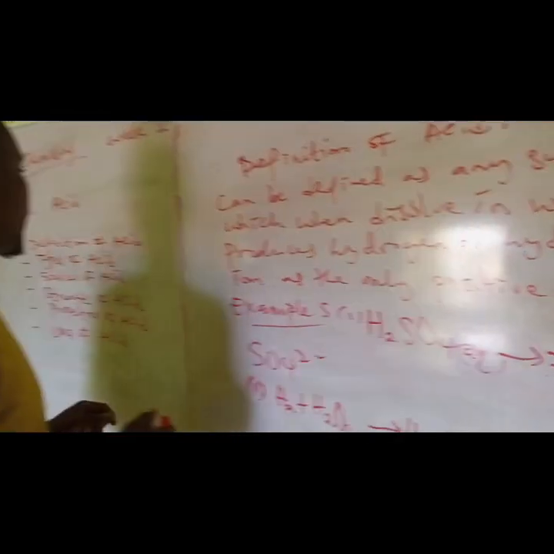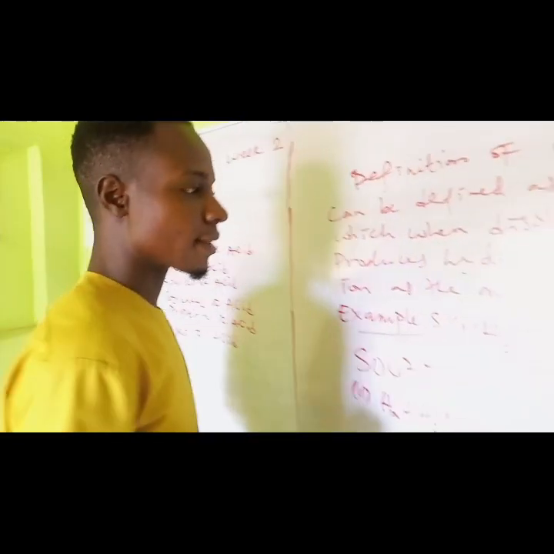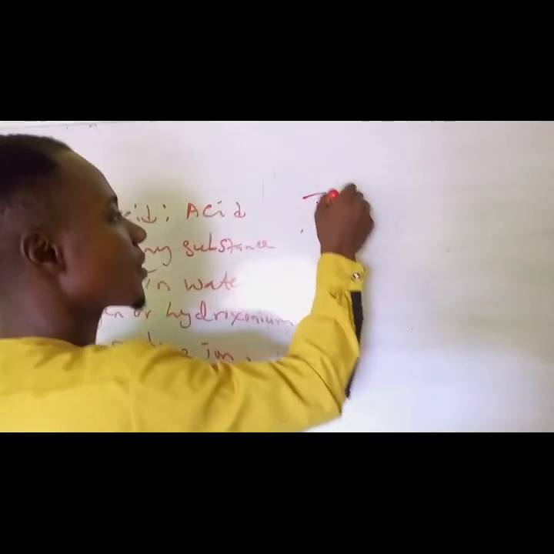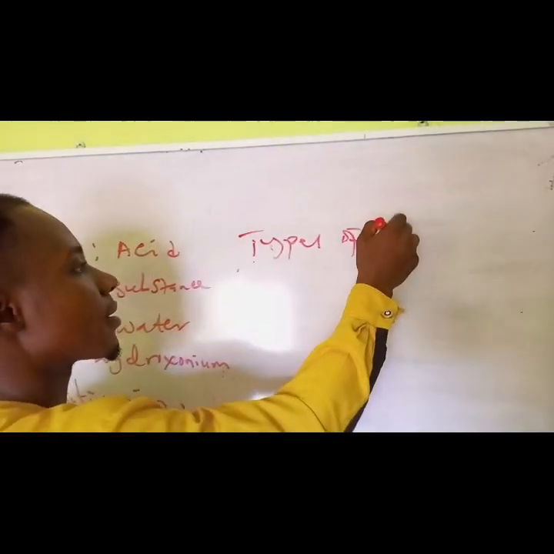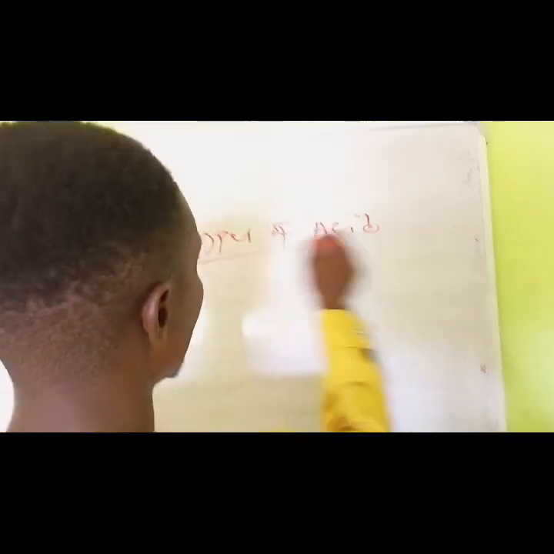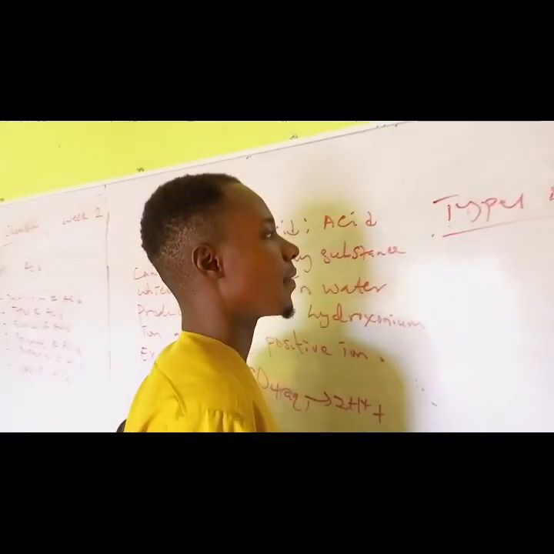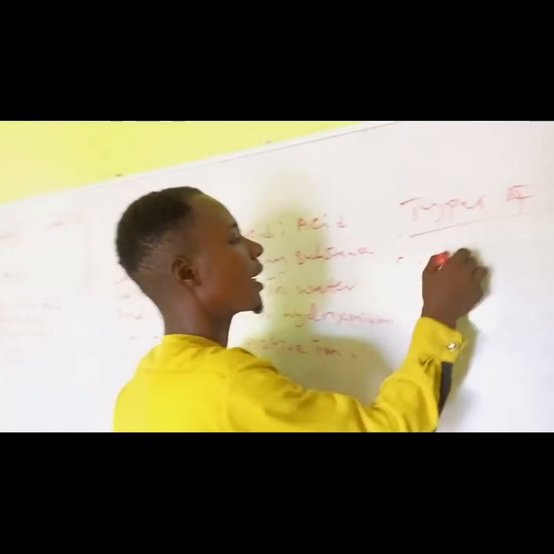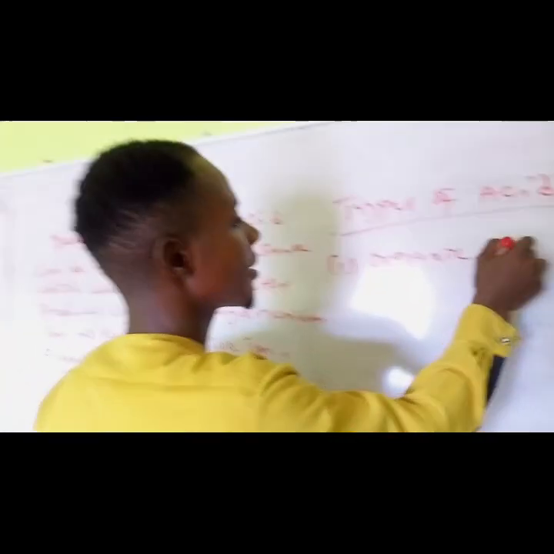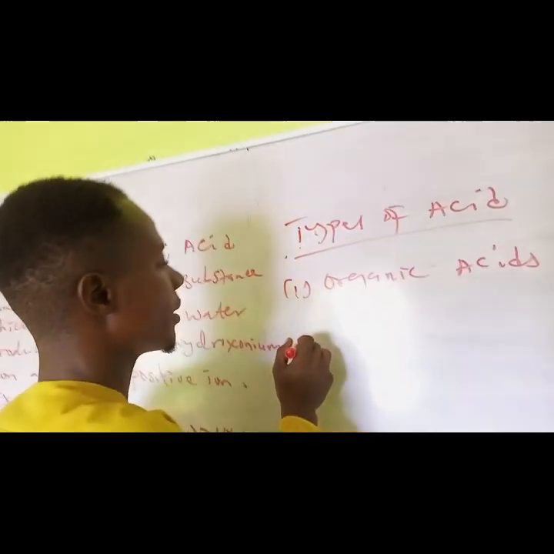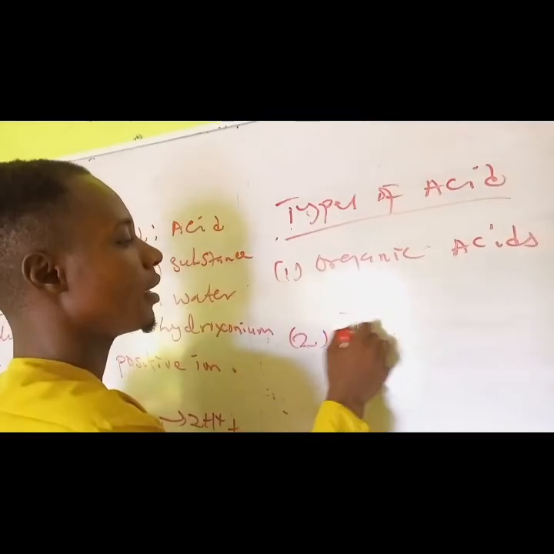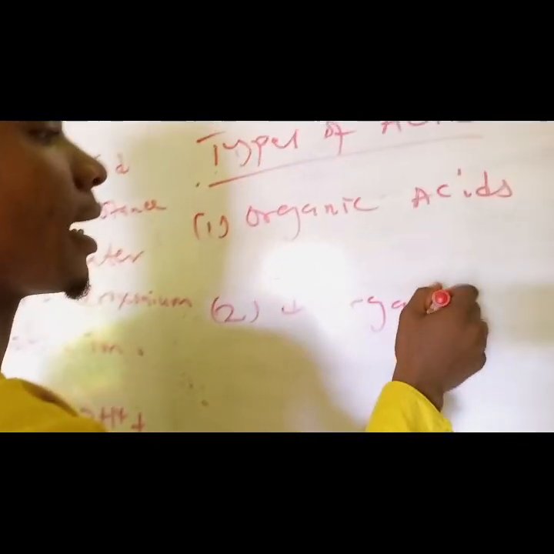So we are going to forge ahead to take types of acids. In chemistry, there are two types of acid. We have organic acids, and two, we have inorganic acids.